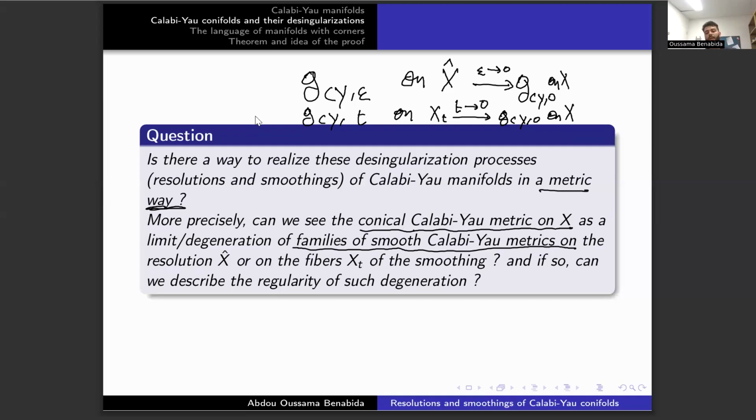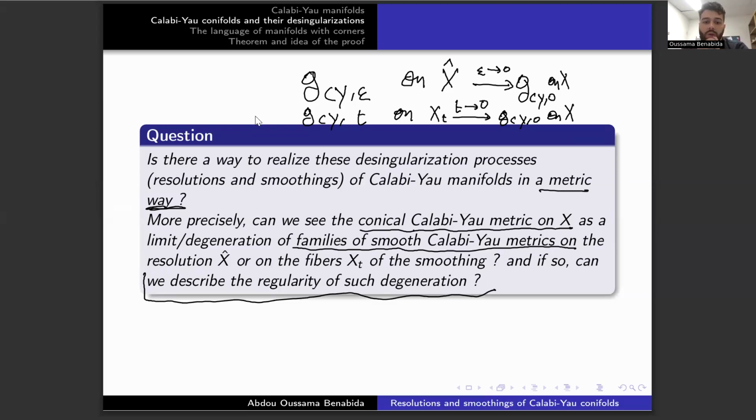So this is the main question of interest. And also, if we can find such Calabi-Yau metrics, we ask, can we describe the regularity of such degeneration? So can we say more about such degeneration?